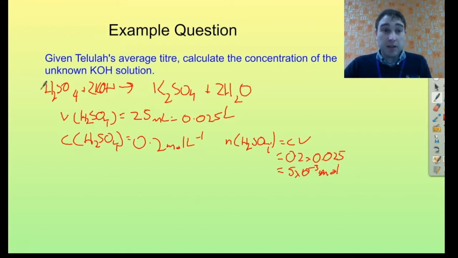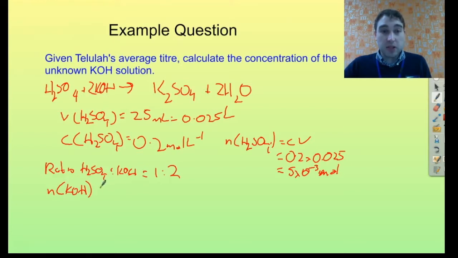Alright, now I need to look at my ratio between my sulfuric acid and my potassium hydroxide. So it's a 1:2 ratio. So ratio sulfuric acid to potassium hydroxide equals 1:2. What that means is my number of moles of potassium hydroxide has to be twice the number of moles of my sulfuric acid.